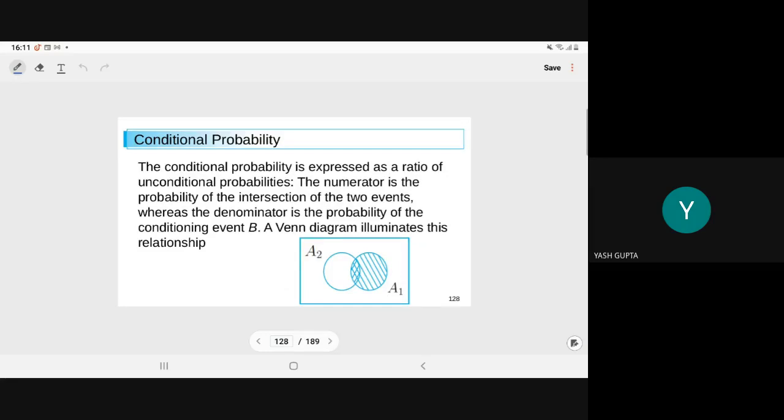The numerator is the probability of the intersection of the two events, whereas the denominator is the probability of the conditioning event. The Venn diagram illustrates this relationship. With the help of the Venn diagram, you can understand that after the occurrence of A1, if we have to compute the probability of occurrence of A2, then we can use the conditional probability.